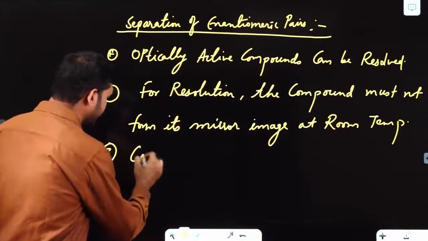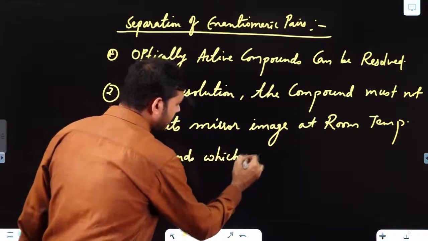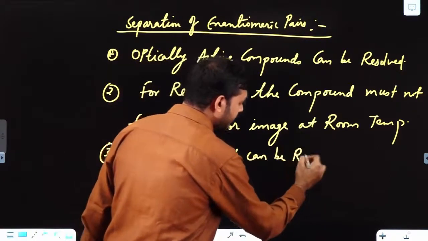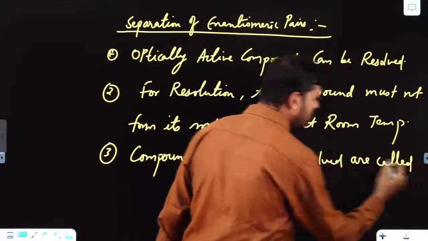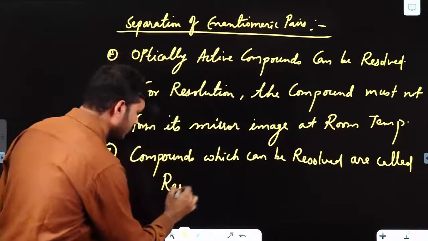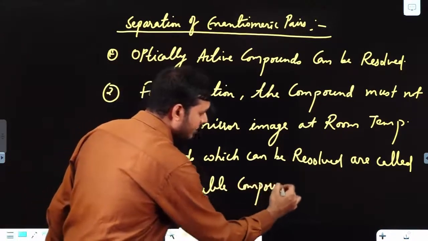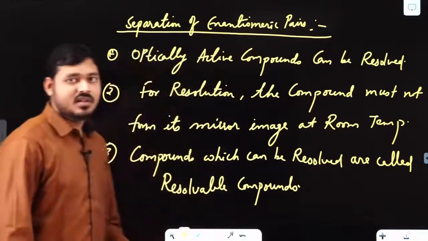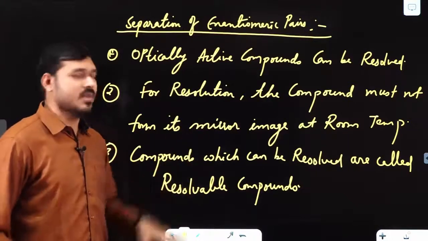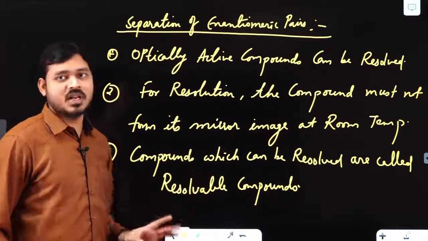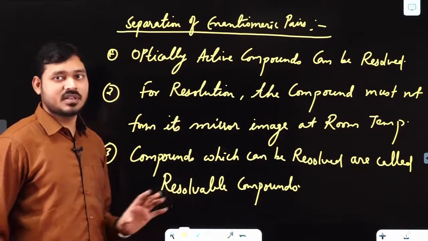Third point, compounds which can be resolved are called resolvable compounds. Okay, see, the compounds in enantiomeric pairs which can be separated by using chemical methods are called resolvable compounds, and those which cannot be separated are called non-resolvable compounds. Clear? Okay.